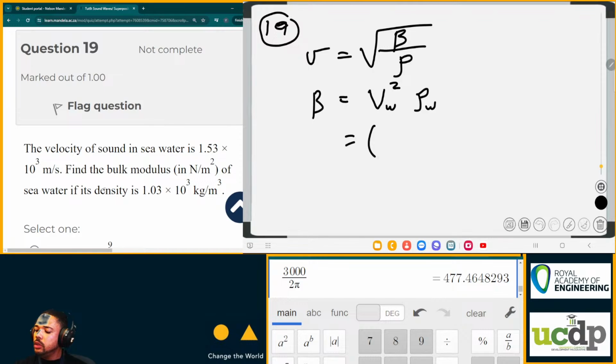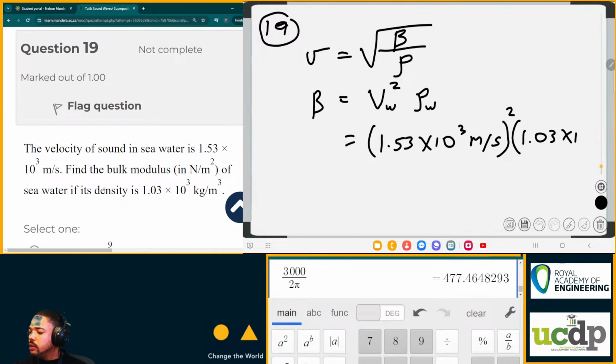Now the velocity in water is 1.53 times 10 to the 3 meters per second. You square that and then you multiply it by the density of seawater, which is slightly more dense than regular water.